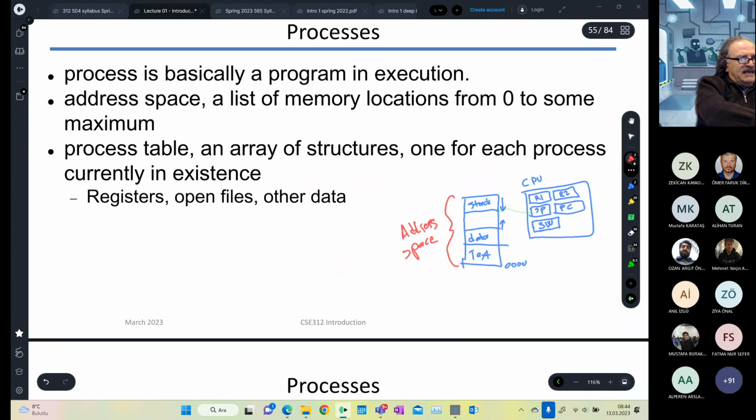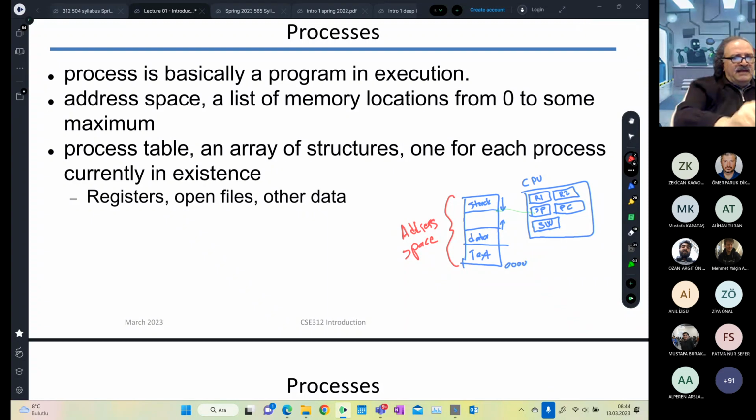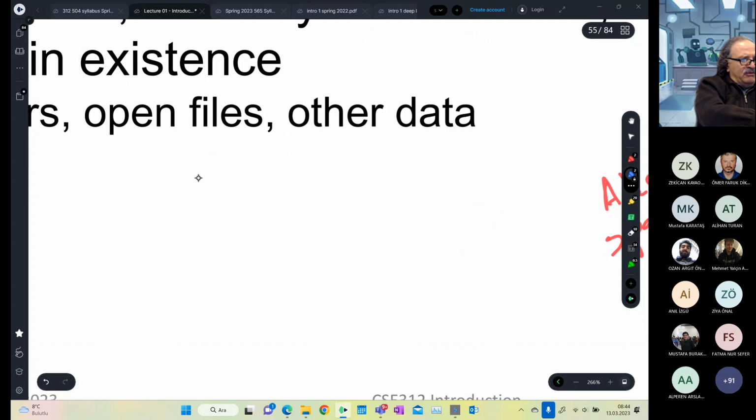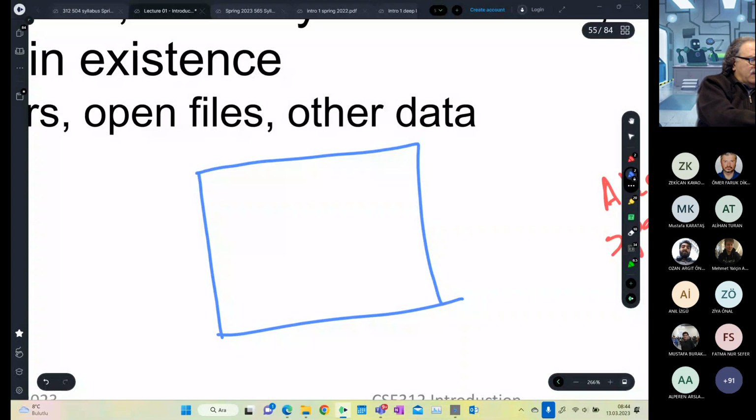This is the address space, and then for each process, I have this data. I have registers, open files, and other data, and I keep them in a table. So in my operating system memory locations, I have a table like this. This is called the process table.